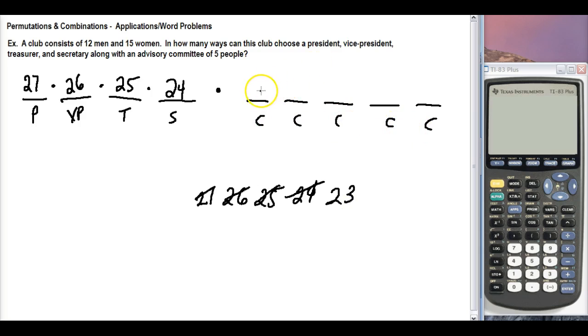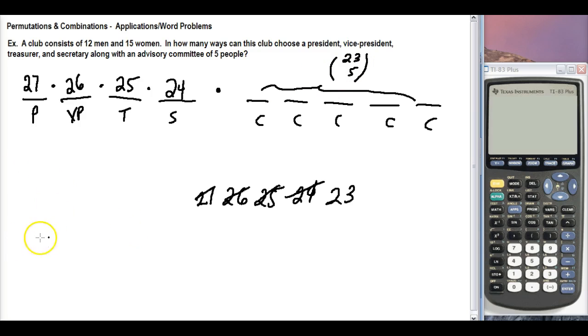So all this is pretty much saying here is that we have the combination of 23 people, the people that are left over, and we want to put them in groups of 5. So if we multiply 27 times 26 times 25 times 24 times the combination of 23 people grouped 5 at a time, we will get our answer.